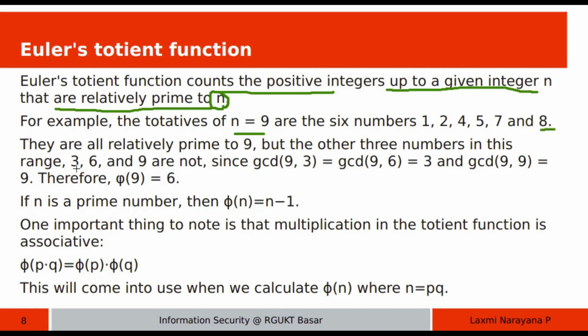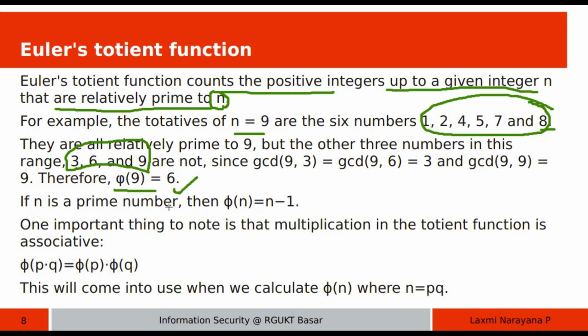But if you take 3, 6 and 9, they share a factor with 9. So the count of these relatively prime numbers is the Euler's totient function value. So phi of 9 will be the count of those relatively prime numbers, that is 6 here.